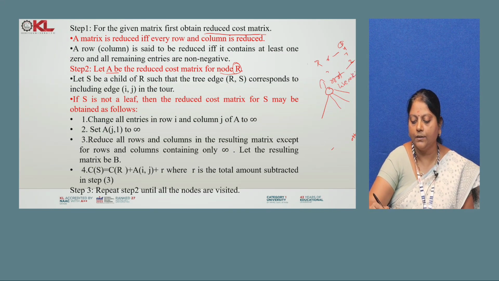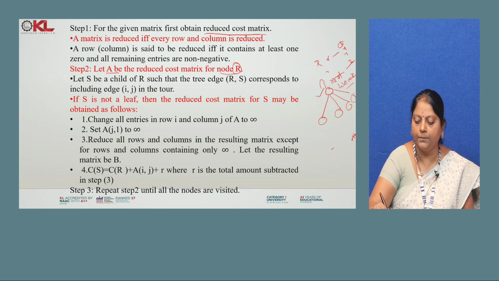A live node is a node that is generated but whose children are not yet generated. When that root node is expanded by generating its children, this live node becomes an E node. Let the root node be A and the child nodes be B, C, D, E.